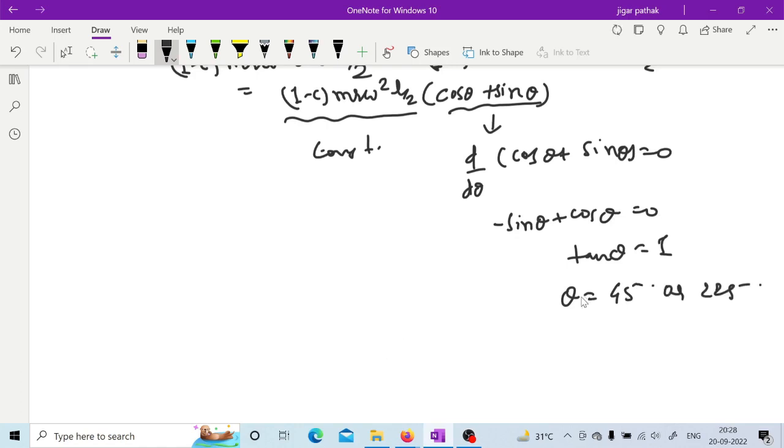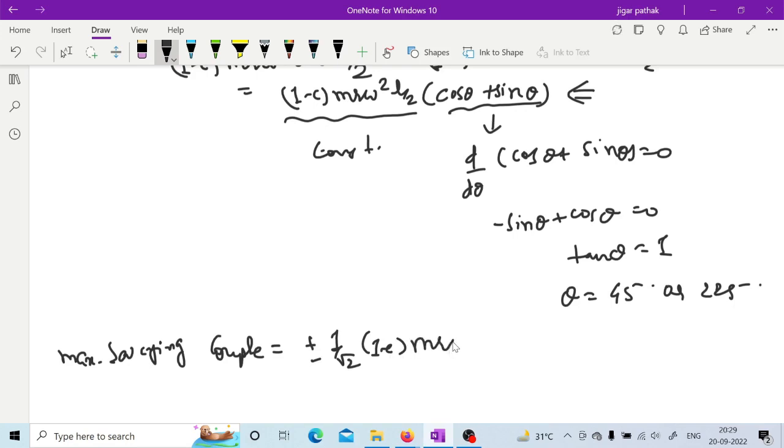When you put theta equal to 45 or 225 into this main equation of swaying couple, the maximum swaying couple will be equal to plus or minus 1 by root 2 (1 minus c) m r omega square L. So this is how you can have the maximum swaying couple, maximum variation in tractive effort and hammer blow in case of locomotive, right?